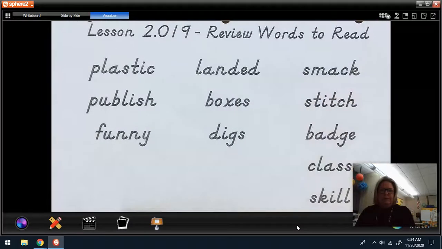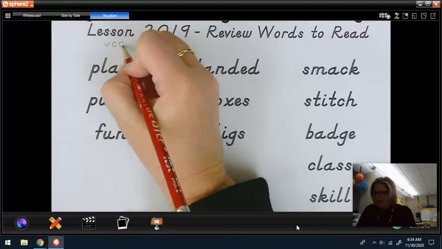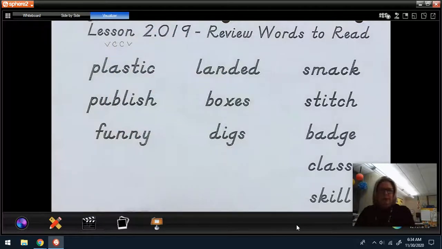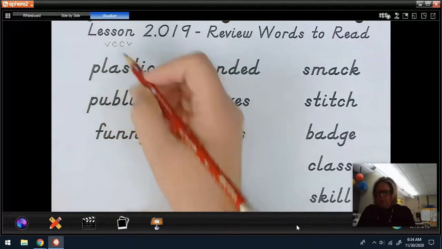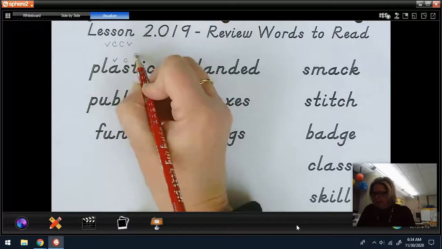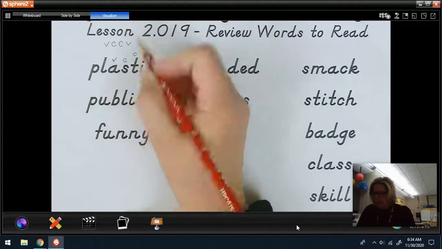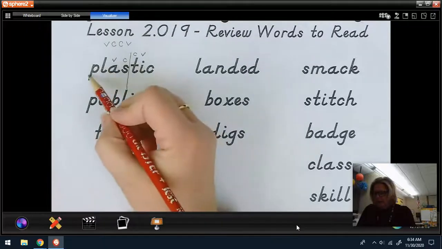these words follow that VCCV rule. If you look for the first vowel in the word, and if there are two consonants that follow and one more vowel, remember we divide between the two consonants.